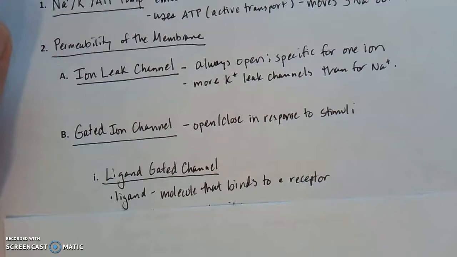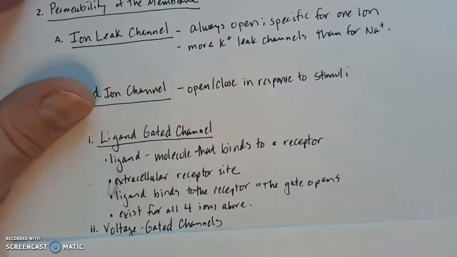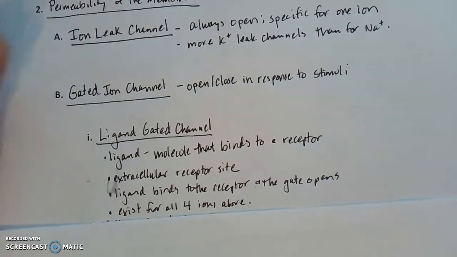The receptor is usually extracellular, which means that it's on the outside of the cell. It can be on the inside too, but for the most part, they are typically on the outside. So this ligand binds to the receptor and it opens the door. These exist for all 4 of the ions: potassium, sodium, calcium, and chlorine. So ligand binds to the receptor, gate opens.